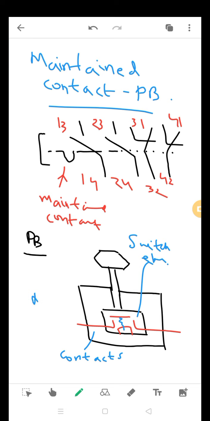This is in the normally open position, and when this switch is joined with this one, it becomes the normally closed position. This is the normal position, and if we join it, it becomes the actuated position. The symbol for the actuated position is like this. This is for the open position, and when they join, it becomes closed.